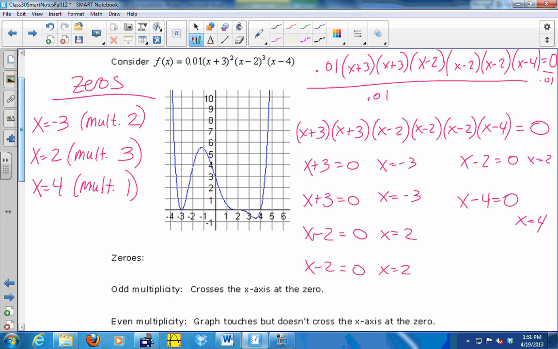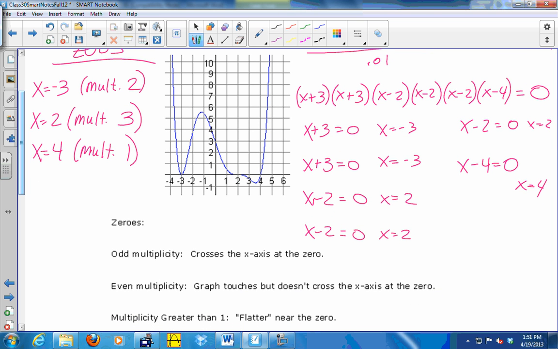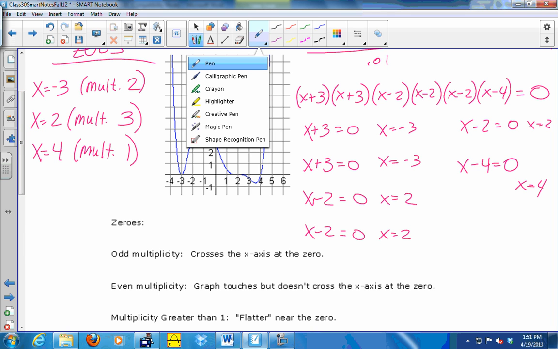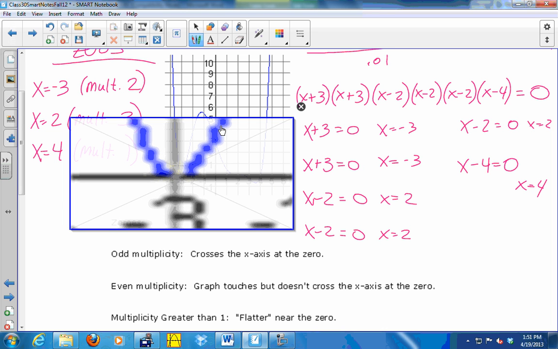And remember, zeros are where x-intercepts are. So negative 3, 2, and 4 should all be x-intercepts of this graph, and they are. But they're different looking x-intercepts. They don't all look the same. Okay, so this one at negative 3, if I zoom in on that x-intercept, what kind of function does that look like?